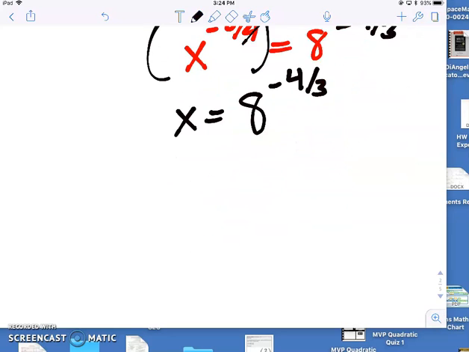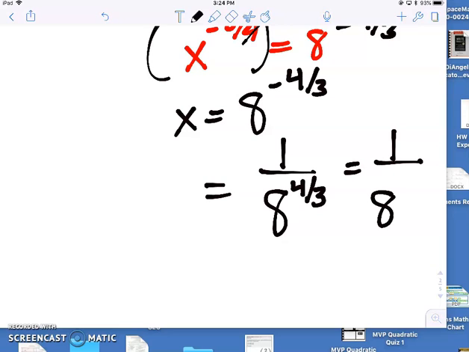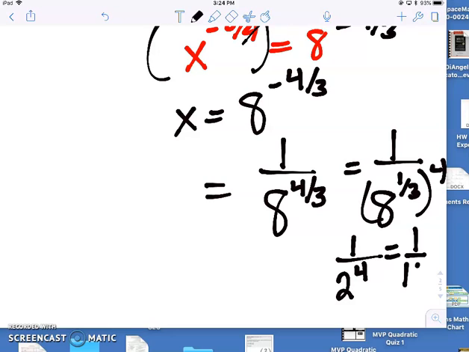And now we have to make it positive, so 8 to the positive 4/3 in the denominator. Separate that out, so 8 to the 1/3 to the 4th power, so 8 to the 1/3 is 2. So 1/2 to the 4th is 1/16.